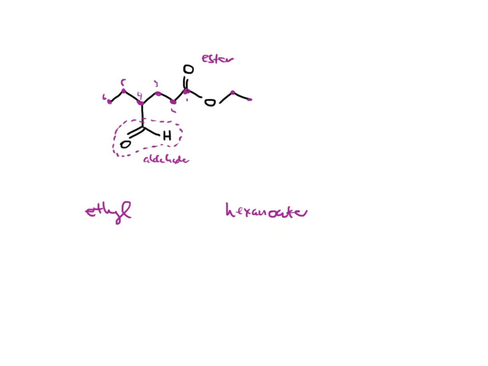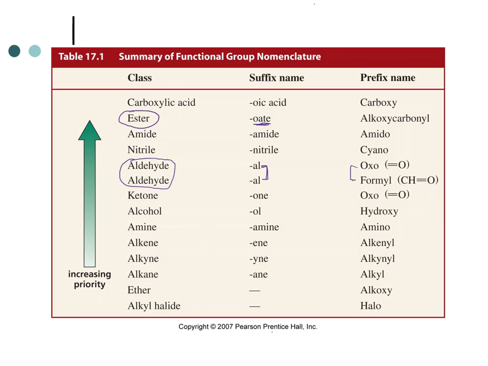Folks, that other part of this chart that we talked about, that is why there's a second one listed. Because if the aldehyde is part of the main chain, we name it oxo. But if the aldehyde is not part of the main chain, we call this formyl.